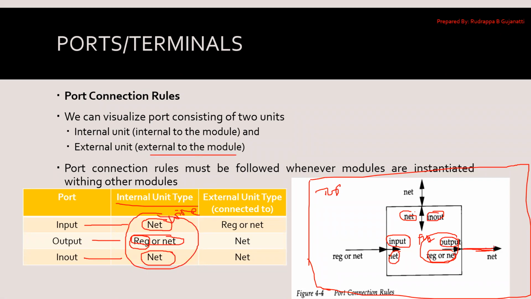When it goes to the external module, this one is acting as input to the top module, and this one is being given to this full adder. So it is acting like the output which is provided by the top module, and this one is bidirectional.